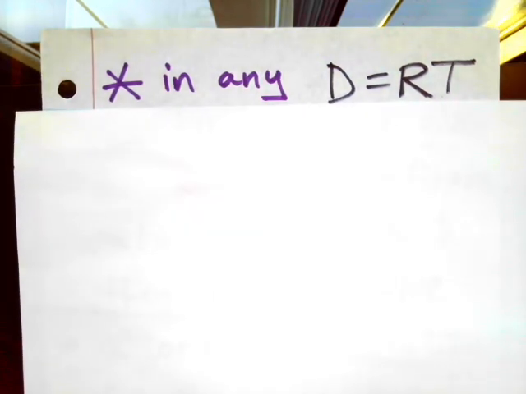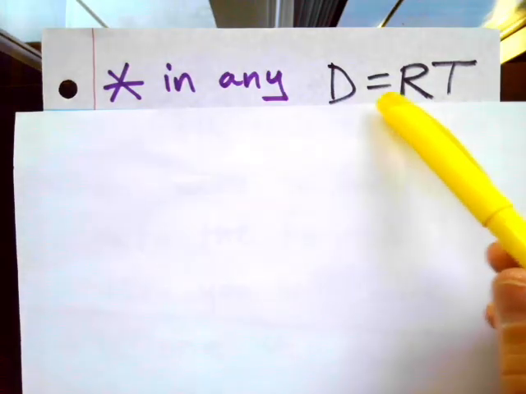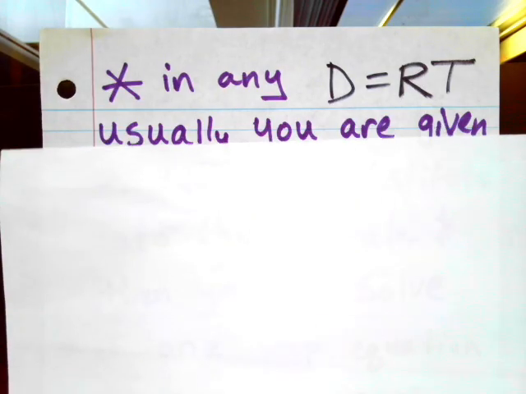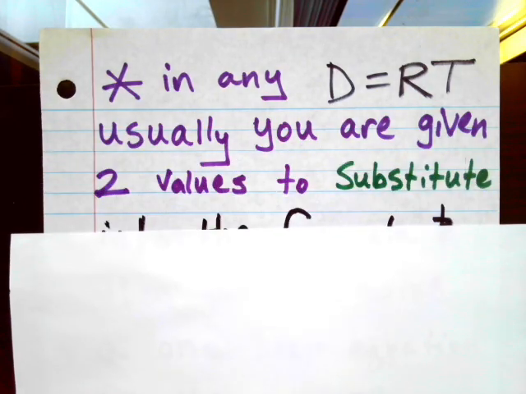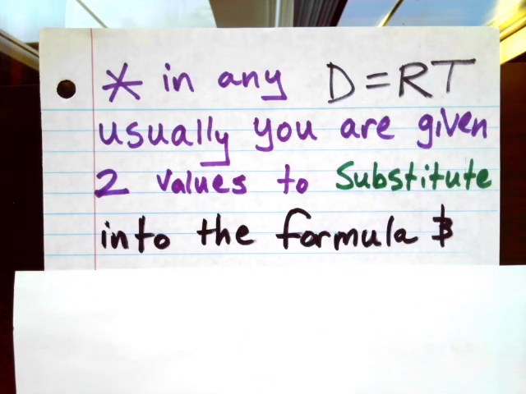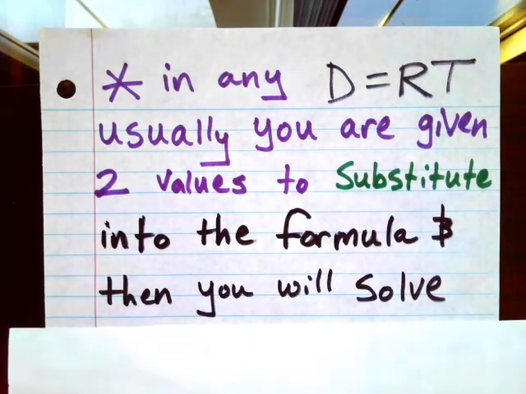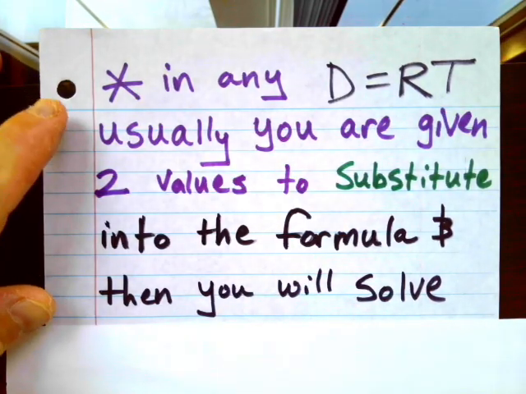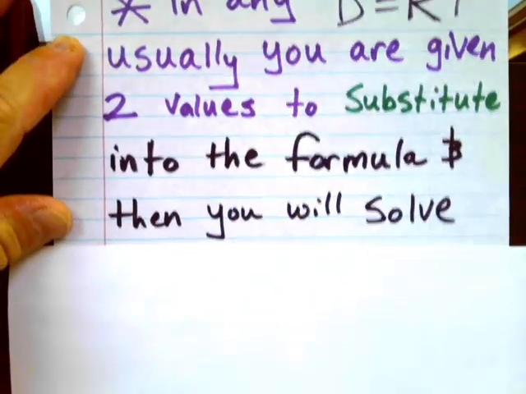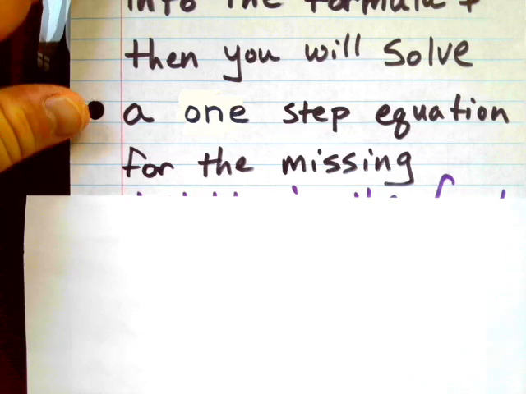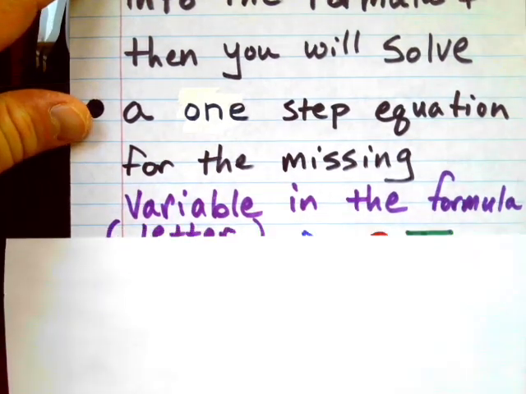In any distance equals rate times time problem, typically they're going to give you two of these values, and you're going to substitute into the formula. Then you will solve a one-step equation for either D, R, or T. It's a one-step equation for that missing variable in the formula.